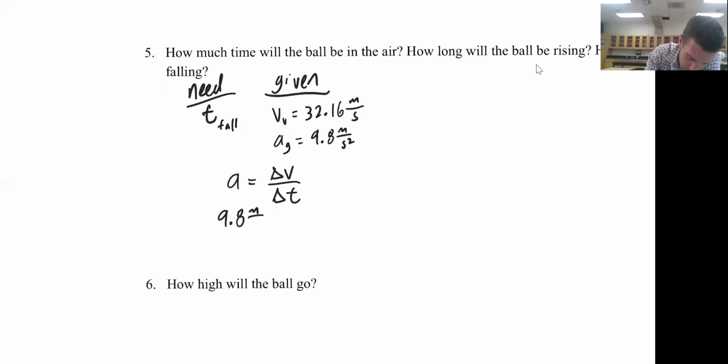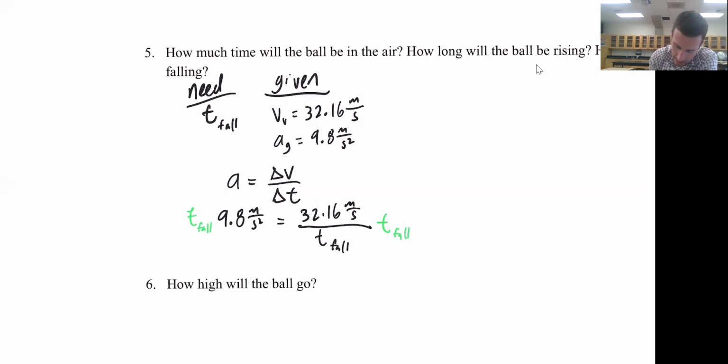So I could write 9.8 meters per second squared equals the change of velocity, 32 down to 0, is a change of 32.16 meters per second over the time of fall. Okay, now to solve for time of fall, I'm going to multiply time of fall by both sides.